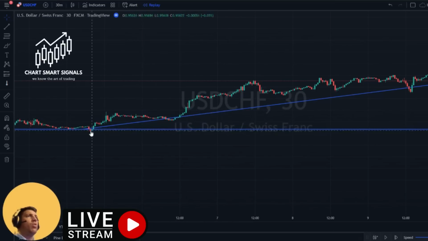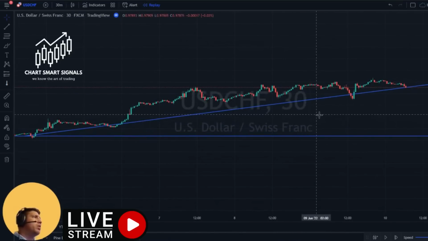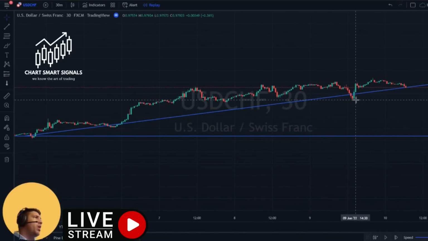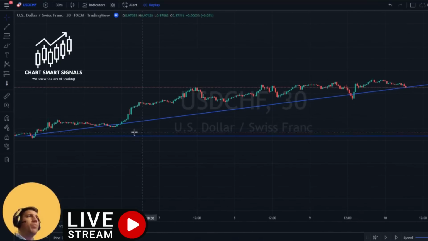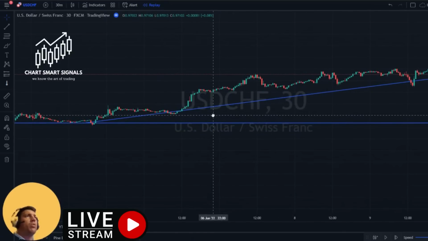You can see it sort of worked on the smaller time frame as well. And it's currently at that point. So little fake break there. Other than that, it stayed quite far away, but some nice climb from that point onwards.